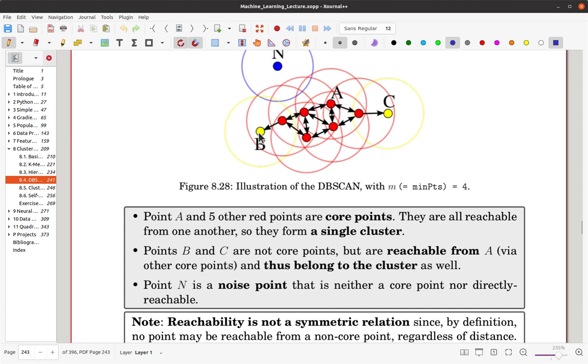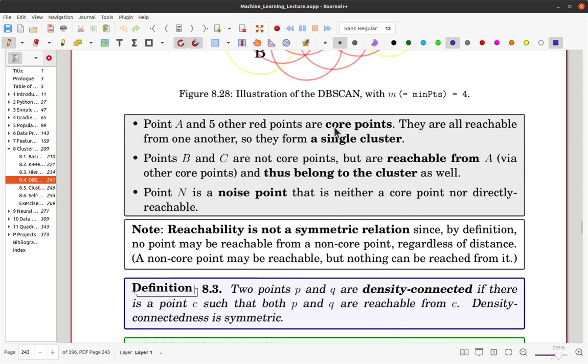B is not a core point, so you cannot have reachability from B. Here you see the arrows; a two-way arrow means both-way reachable. So you can distinguish that reachability is not a symmetric relation.